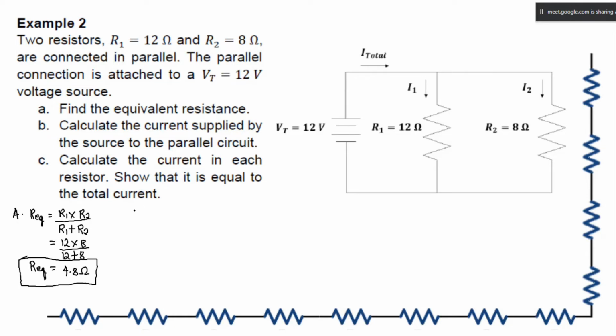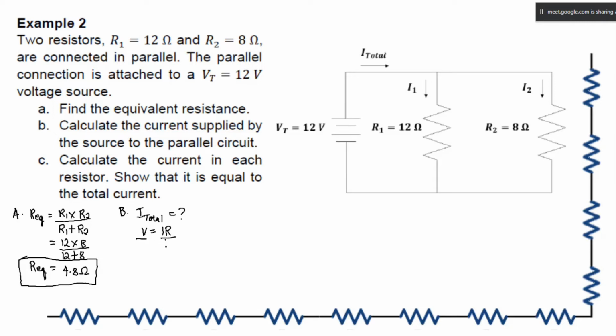Proceed po tayo kay letter B. At ang sabi ni letter B, we will calculate the current supplied by the source to the parallel circuit. So therefore, we have to determine the value of our I sub total. So for us to solve the I total, let's follow the formula V is equal to IR.